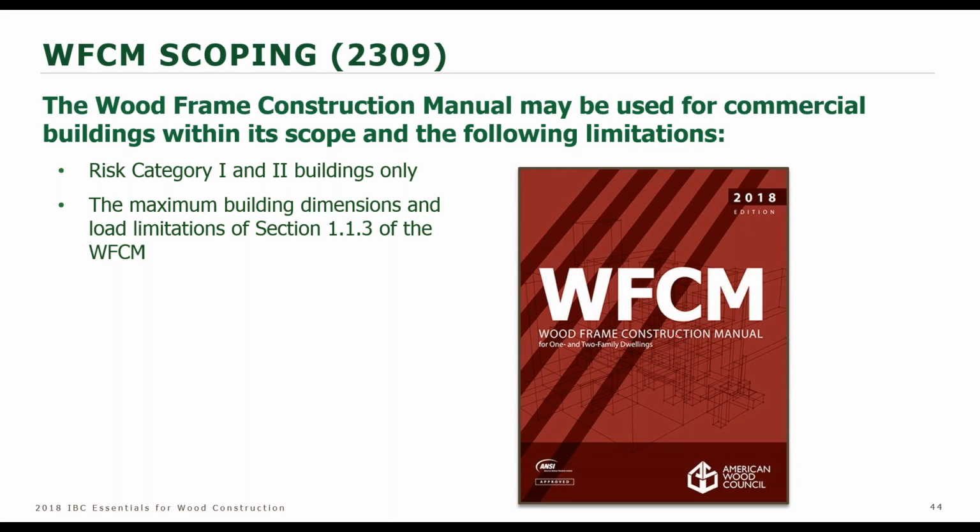It's engineered to all the applicable loads per geographic area in the United States. And so there are many tables that do some design for you, and may be a great design tool.